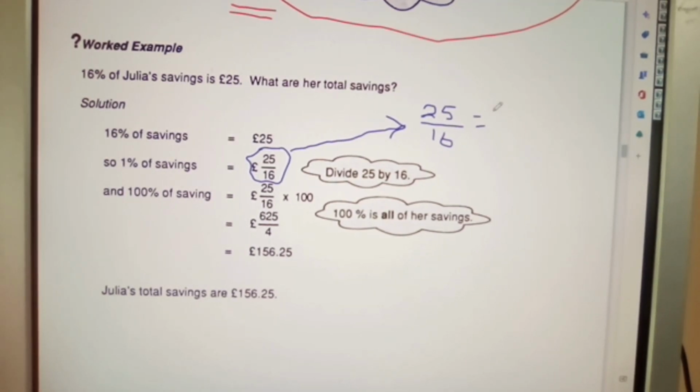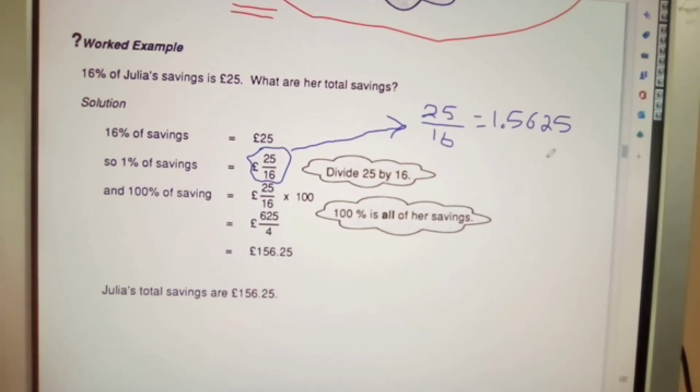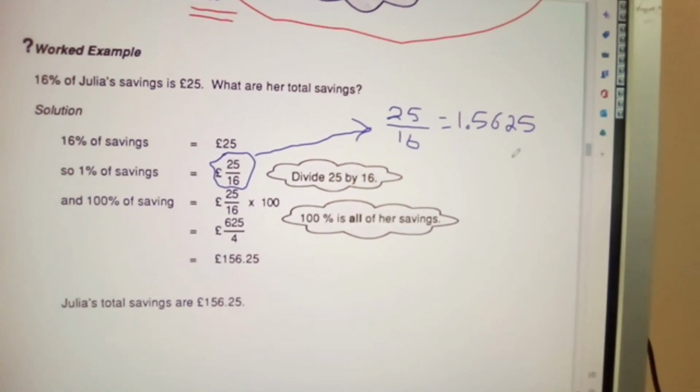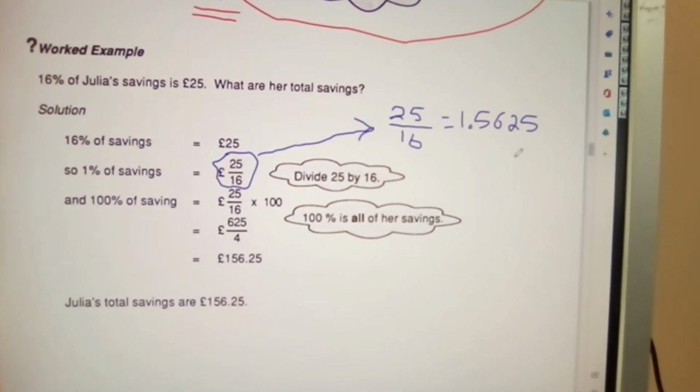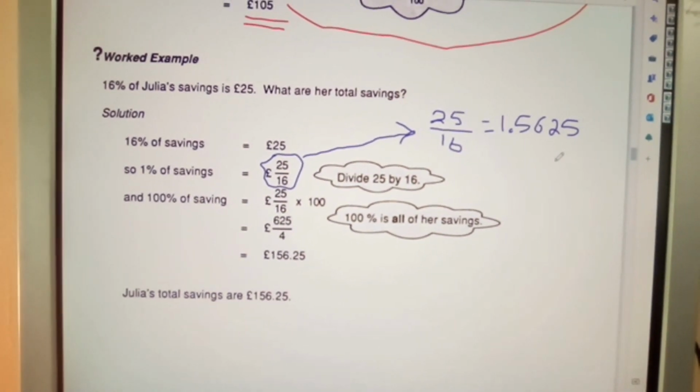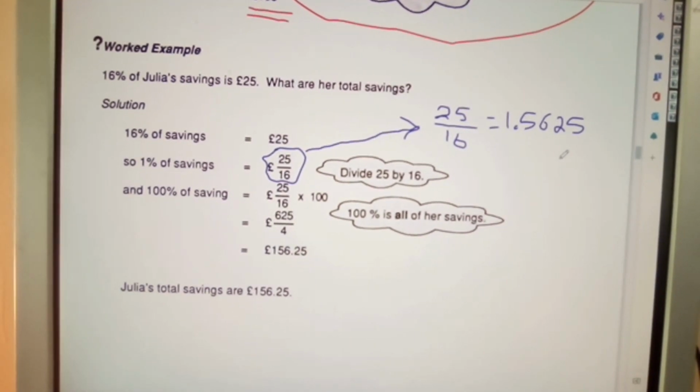It equals 1.5625. I've put the full digits in because it matters, so we can arrive at an equivalent and more accurate solution.